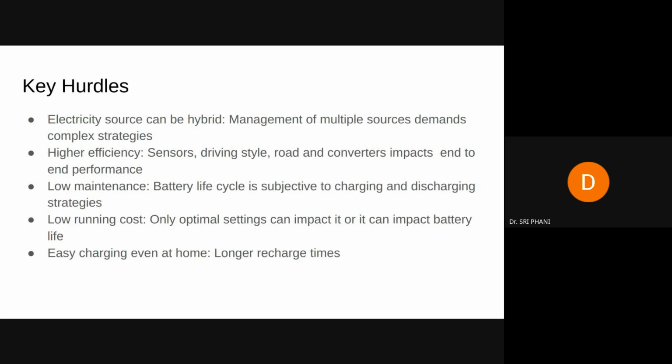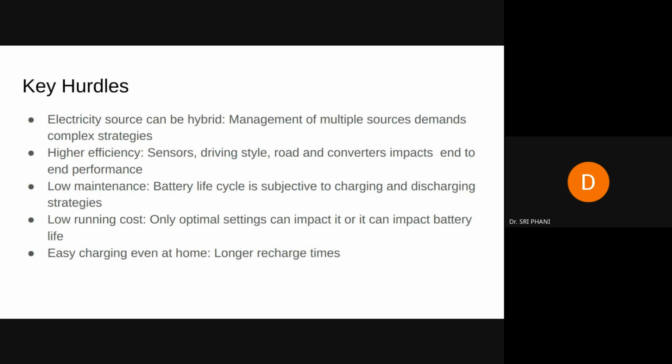For that maintenance, one of the crucial aspects is your batteries. If you are able to estimate the life cycle, how much longer my battery can survive, of course battery life is stated in terms of charge and discharge cycles. So you can say, yes, this many battery cycles it can sustain.